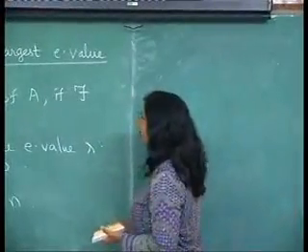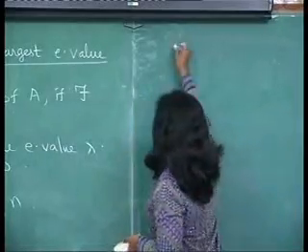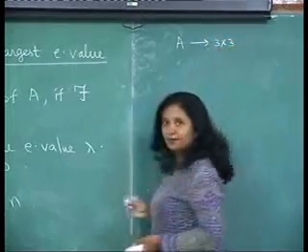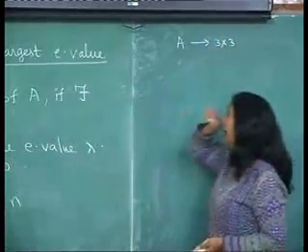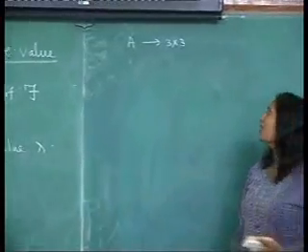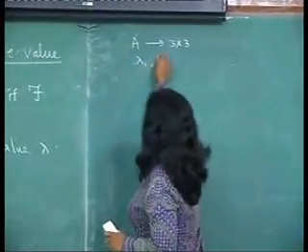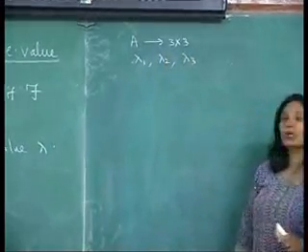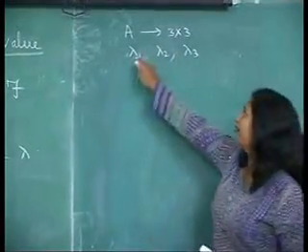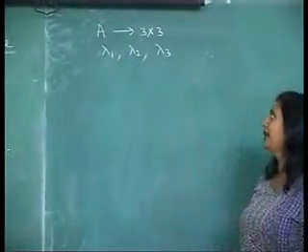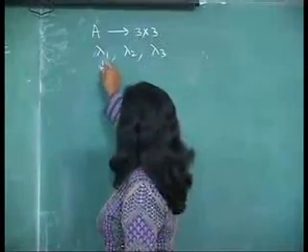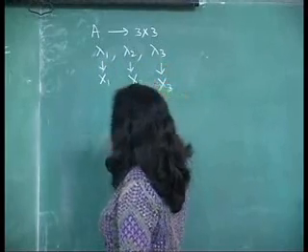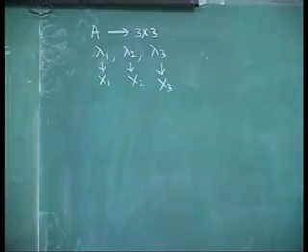So let me explain the method again for a 3 by 3 matrix. Suppose I take A to be a square matrix of order 3. As I mentioned, it will have 3 eigenvalues. Let me take the 3 eigenvalues to be lambda 1, lambda 2, lambda 3, and let me take x1, x2, x3 as corresponding eigenvectors.